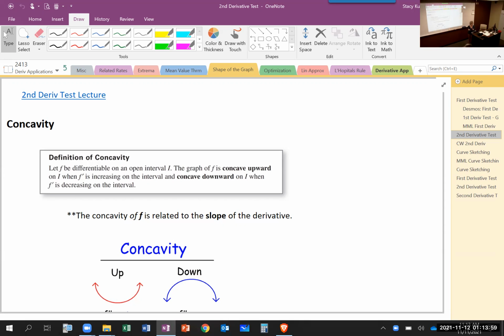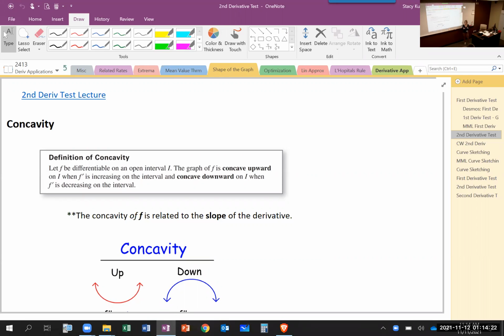We know whether it's positive or negative, on what interval it is increasing or decreasing. The first derivative tells us on what interval the function is increasing or decreasing.